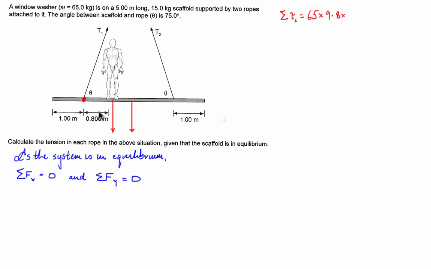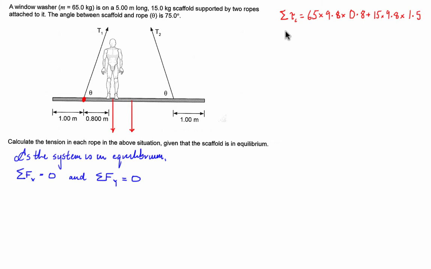He is 0.8 meters from our pivot point. To that, I'm going to add the mass of the scaffold, 15 kilos, times 9.8, times the distance. The whole scaffold is 5 meters across, which would make that 2.5 meters to here, but our pivot point is 1 meter in, so it's going to be 1.5.